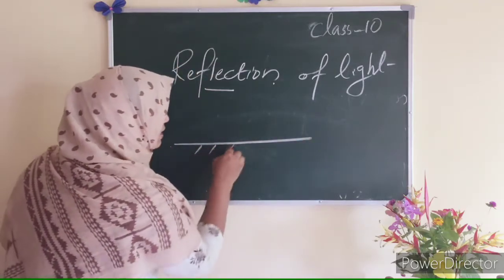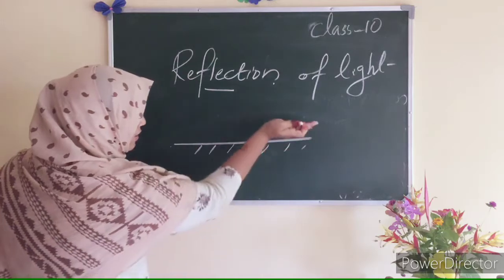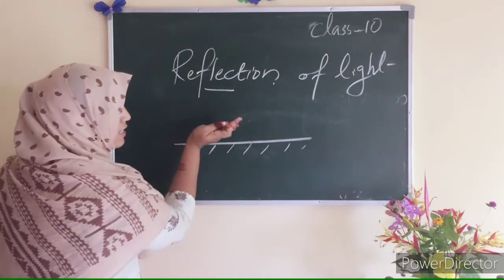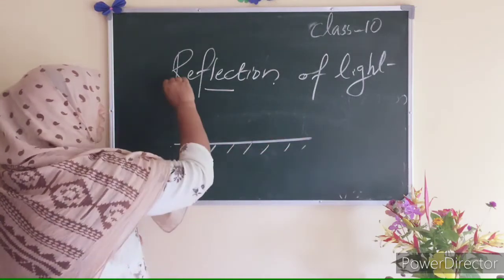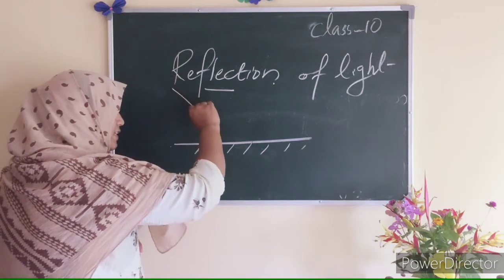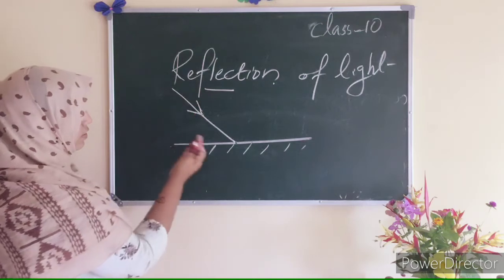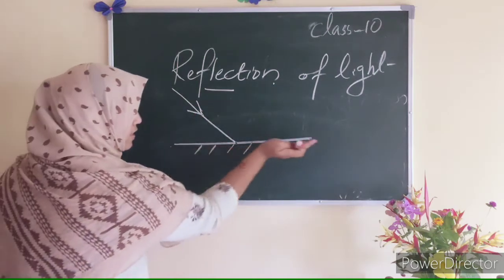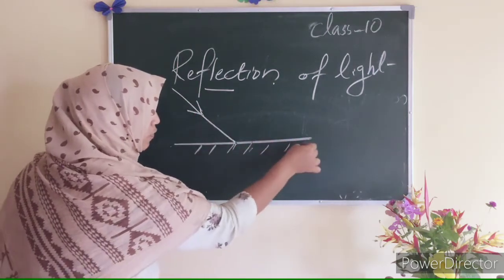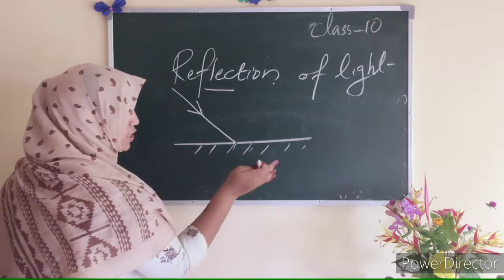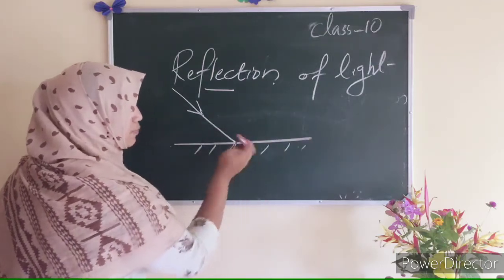Assume this is one surface. You can see here on the board, this side is the polished surface and this side is not polished.